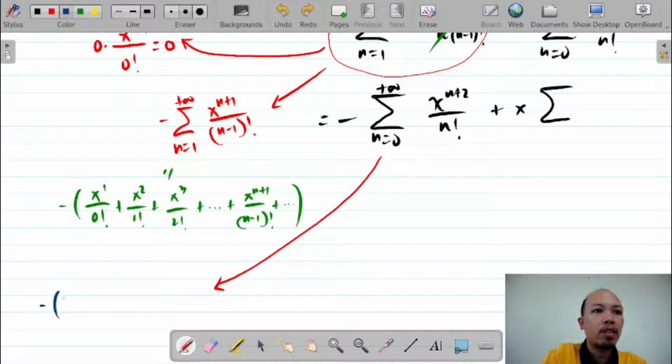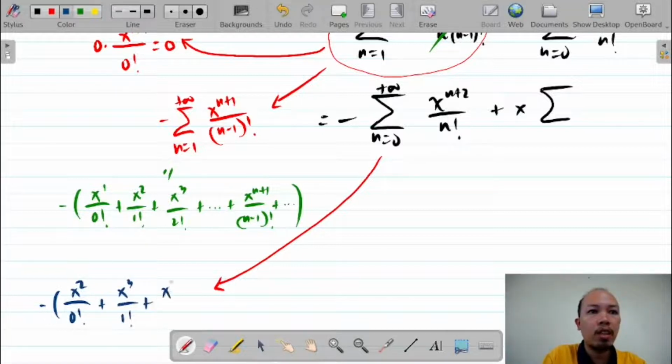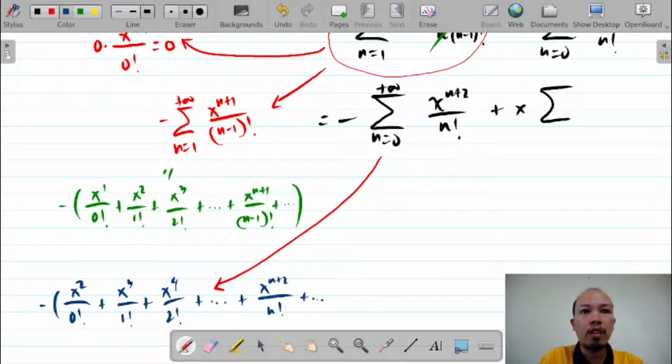So this is x squared over 0 factorial plus x cubed over 1 factorial, x to the 4 over 2 factorial, and so on up to x to the n plus 2 over n factorial, dot dot dot.